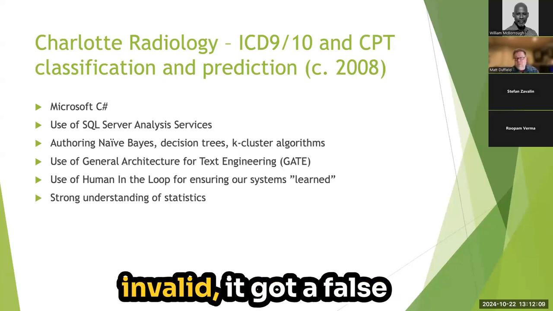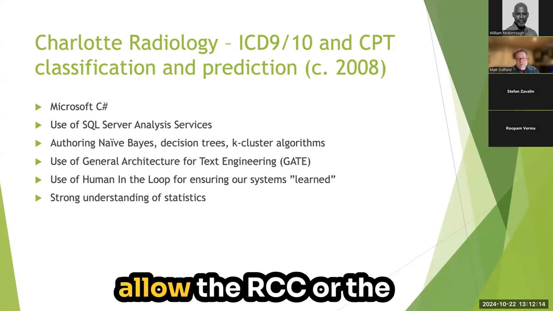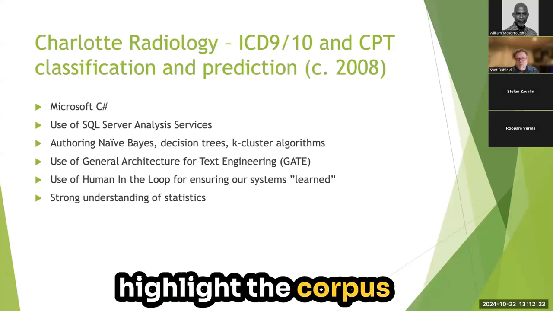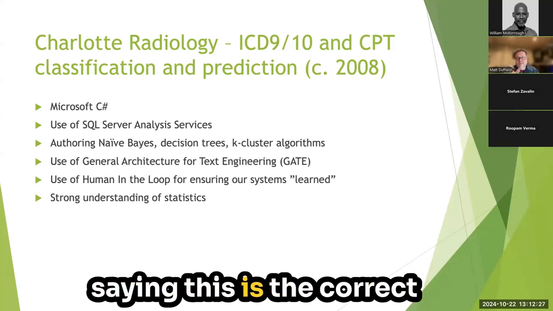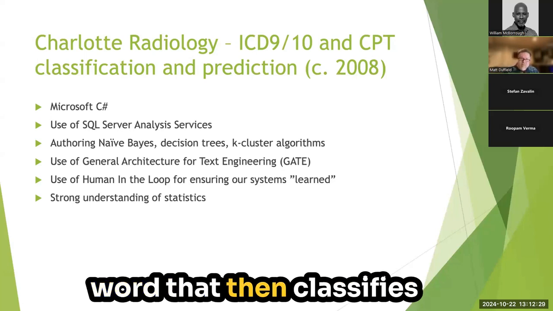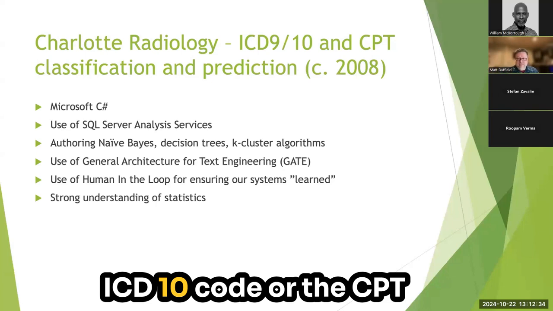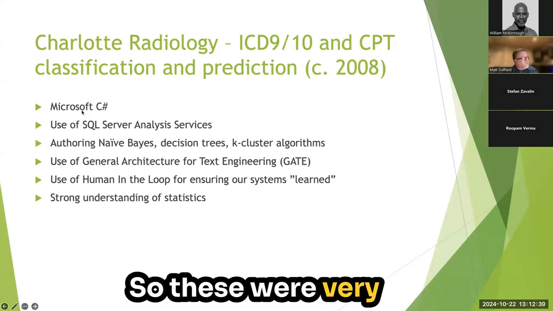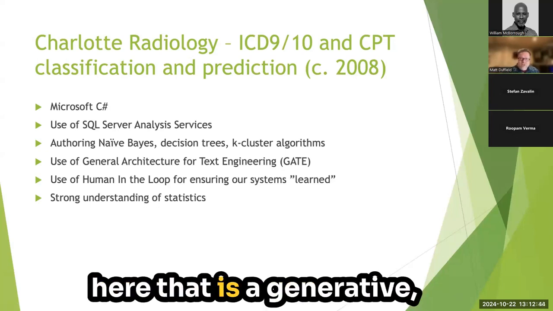If the prediction was invalid, a false positive or a false negative, we needed to allow the RCC, or radiology certified coder, to go in and highlight the corpus, the document that was dictated, and reinforce the learning, saying this is the correct word, which then classifies it according to the ICD-9, ICD-10, or CPT code, depending on what it was trying to classify.